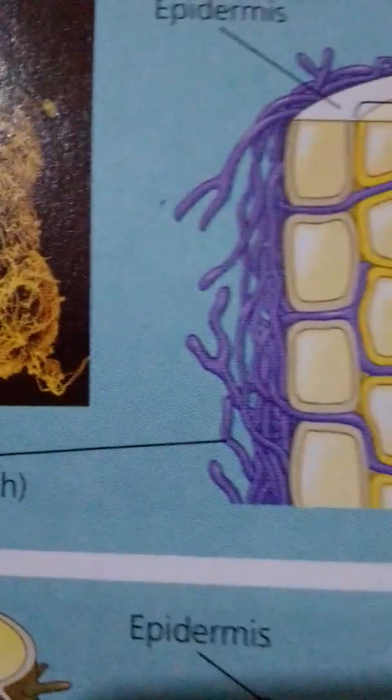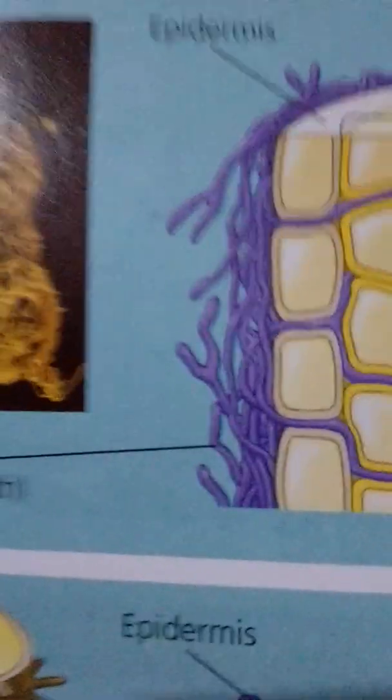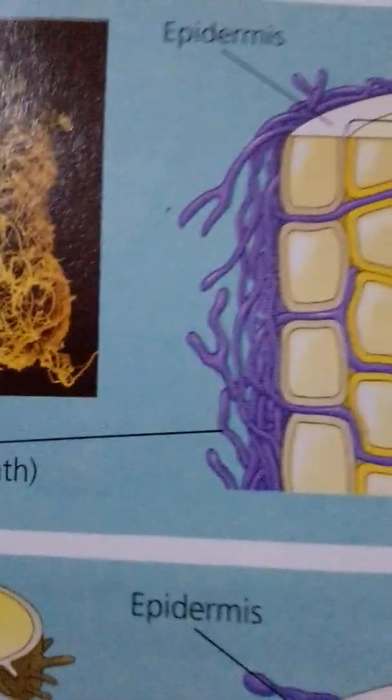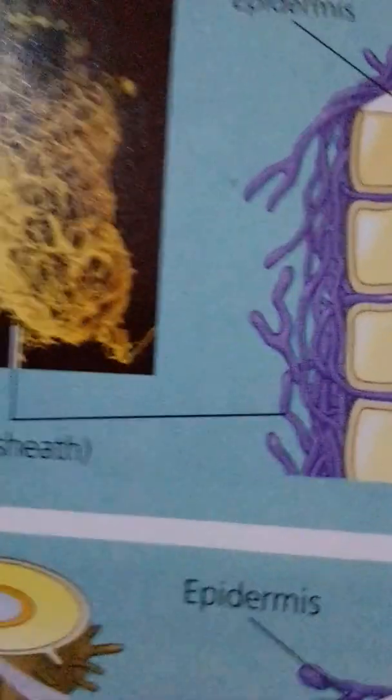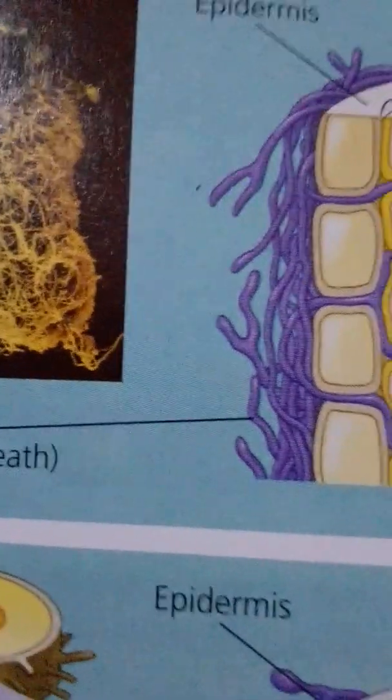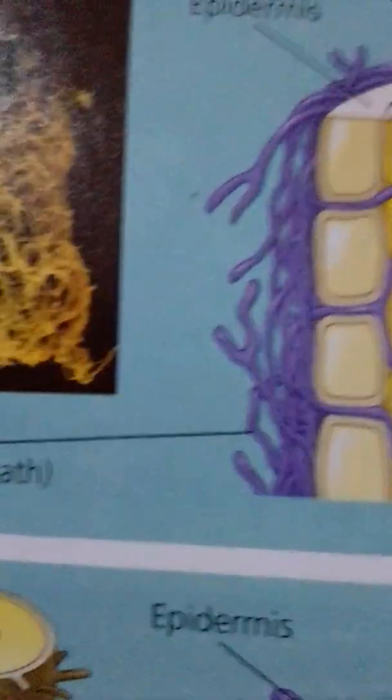The fungi of mycorrhizae also secrete growth factors that stimulate roots to grow and branch, as well as antibiotics that may help protect the plant from pathogenic bacteria and fungi in the soil.